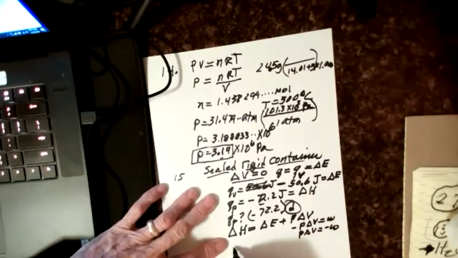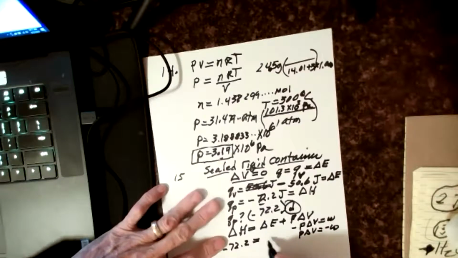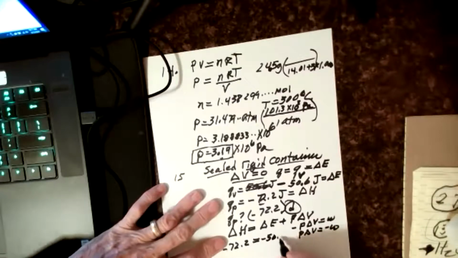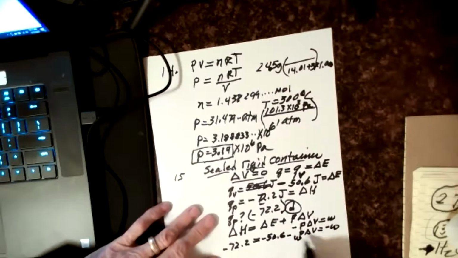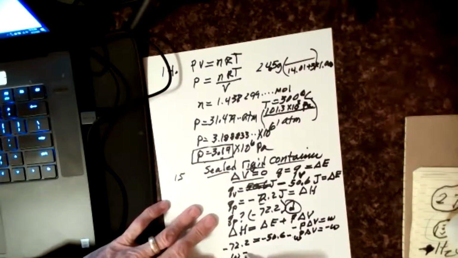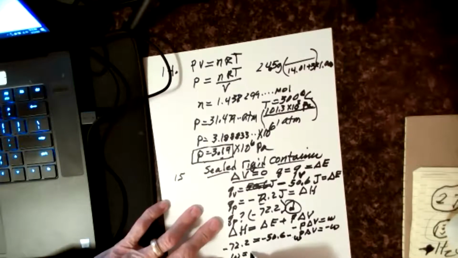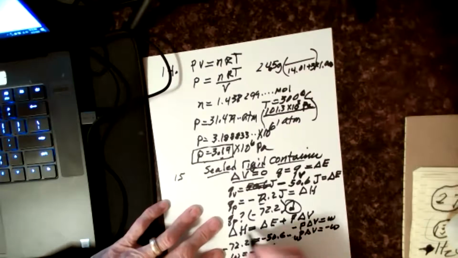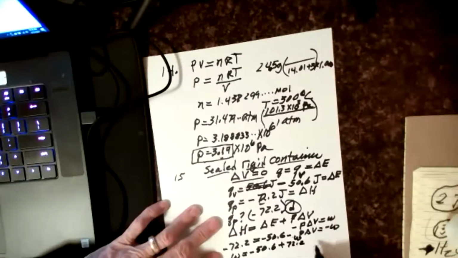It's minus 72.2, is equal to delta E, which I've got a number for, minus 50.6, minus W. If I rearrange this and solve for W, W would be equal to minus 50.6. Moving this across would make it plus 72.2. Of course, the unit is joules.